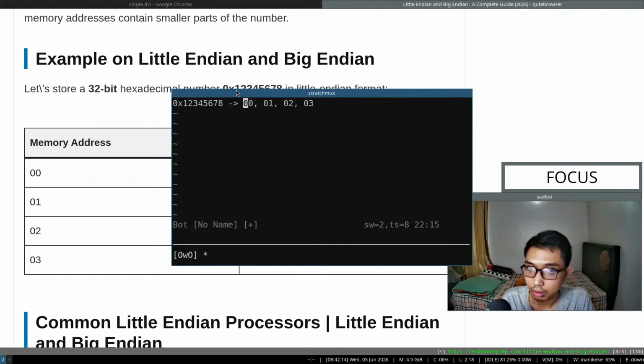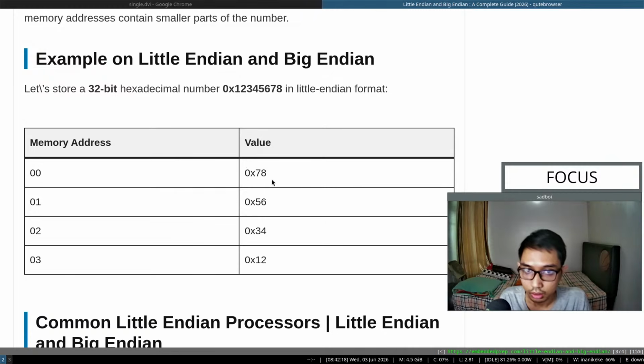Okay, it looks like this 78 is from this one, and then 56 is this one, 34 is this one. Okay, interesting.